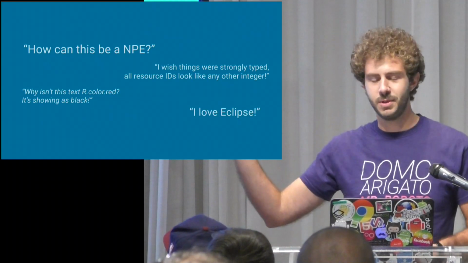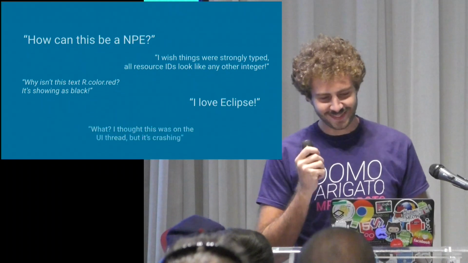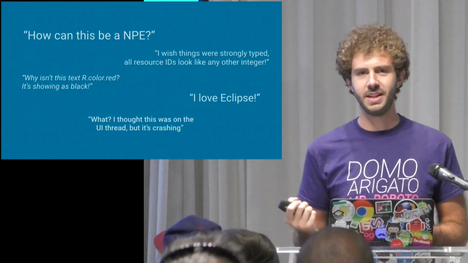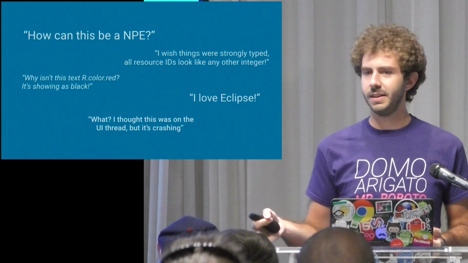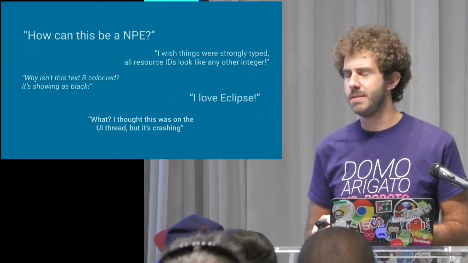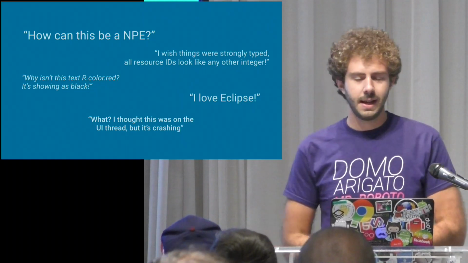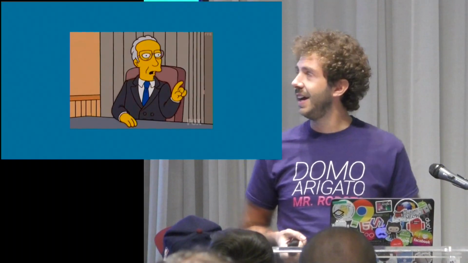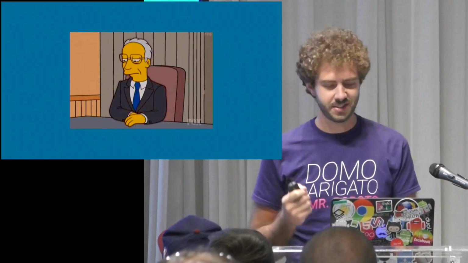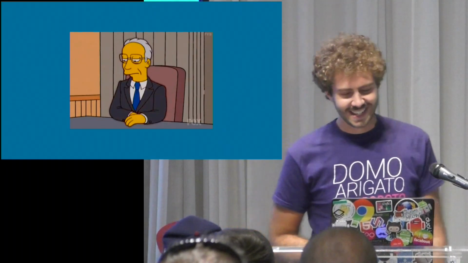No, I never said this one. And then the last one is, how is this crashing? It says I'm touching a view from a thread that is not the UI one, but I'm quite sure I am. What's going on? So, yeah, you have those moments where you're like, no, it's not that. What's wrong?